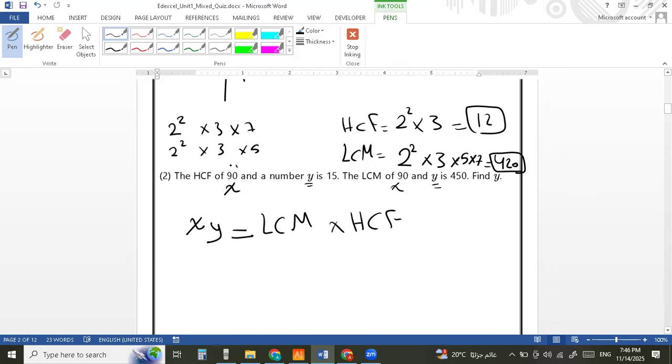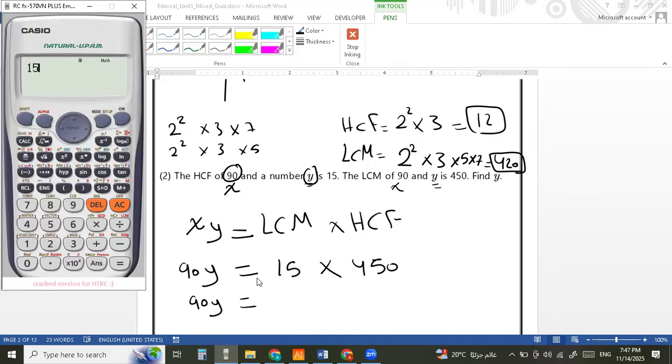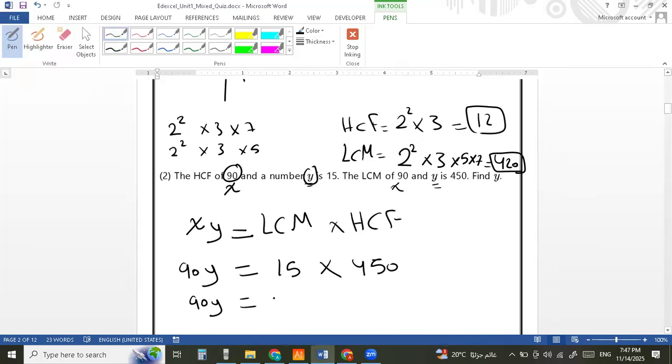So multiplying 90 by y, which is 90y, equals the LCM times the HCF. The order doesn't matter. It's multiplication. So equals 15 times 450. So 90y equals, use your lovely calculator to calculate this, 15 times 450 equals 6,750.